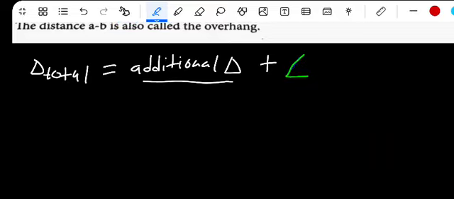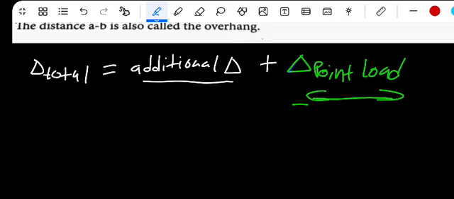You want the total, the deflection due to the point load. This one is the one that goes till the fixed point.